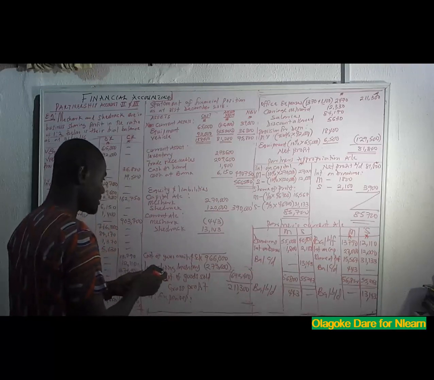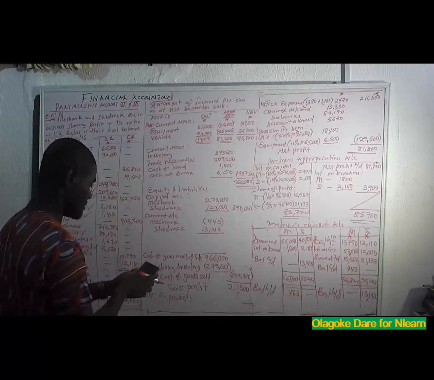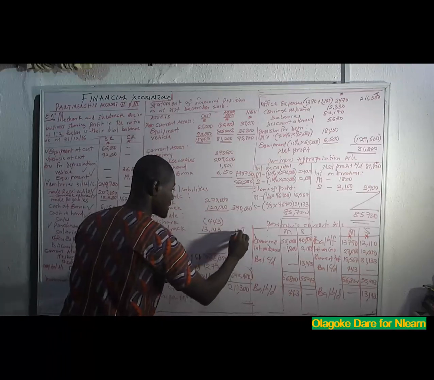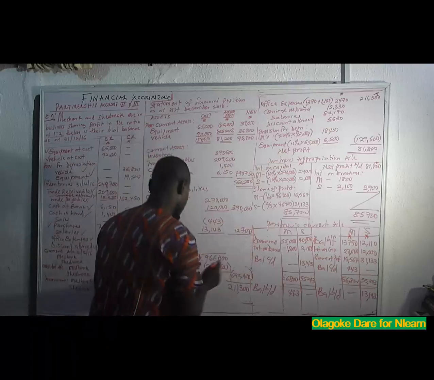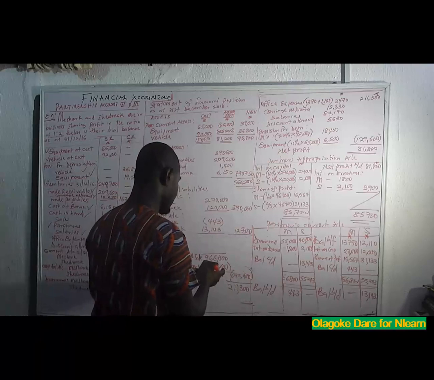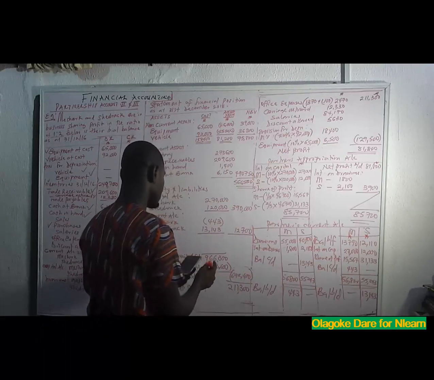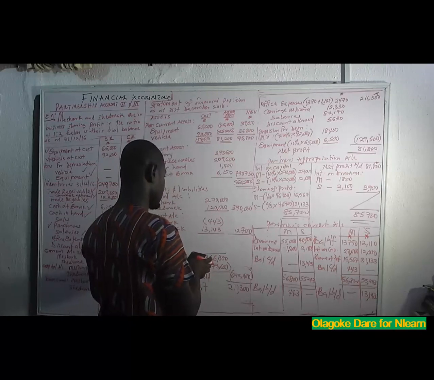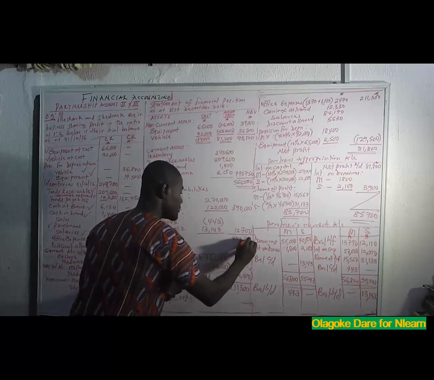So I'm subtracting this from this, and I have 12,700. So let me see what my equity is. 12,700 plus 390,000, I have 402,700.